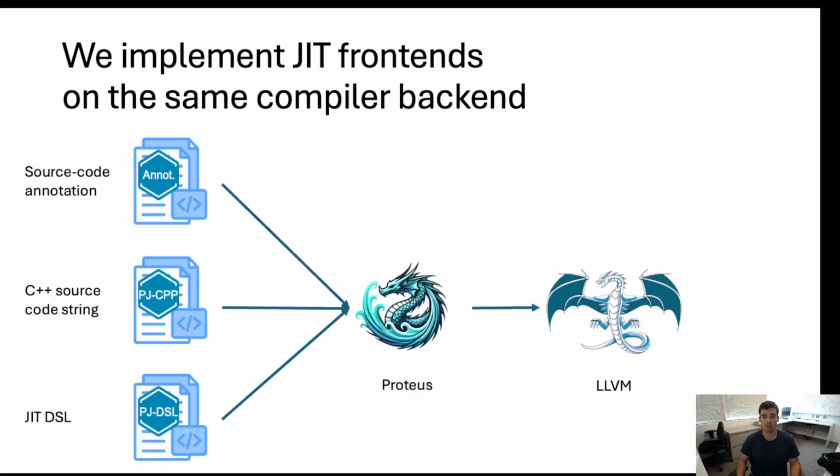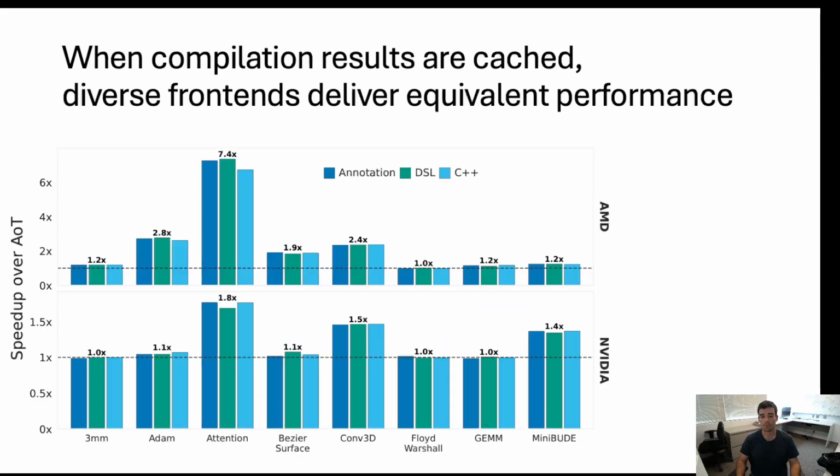Now, in this paper, we implement the three main classes of JIT front-end: annotating or decorating kernels with the JIT specification, runtime compilation of C++ source code strings, and an embedded DSL that directly constructs code at runtime on the same Proteus JIT compiler, which uses the LLVM compiler infrastructure.